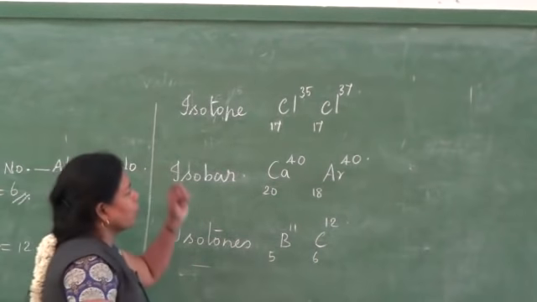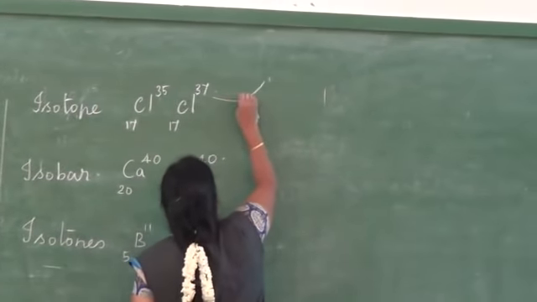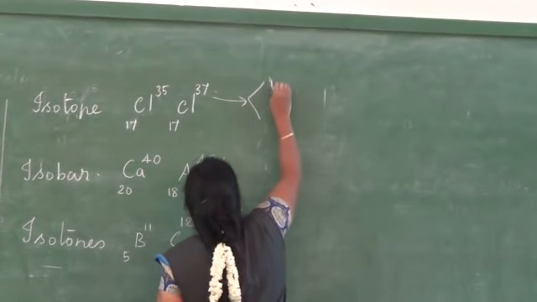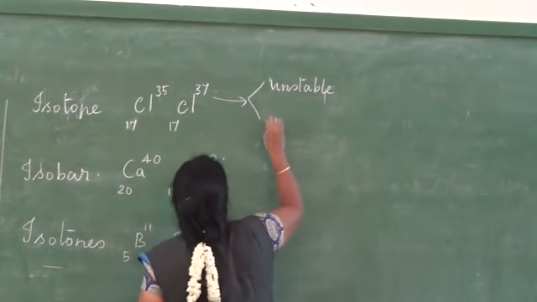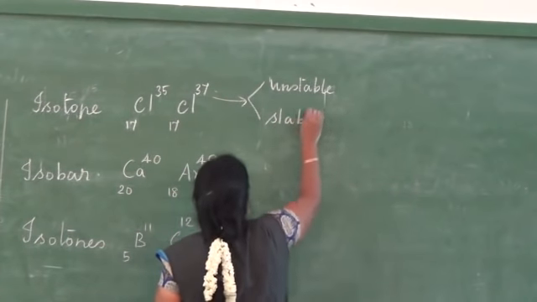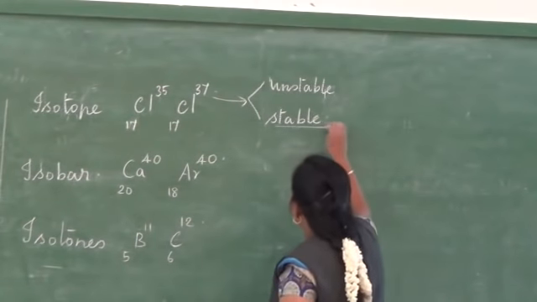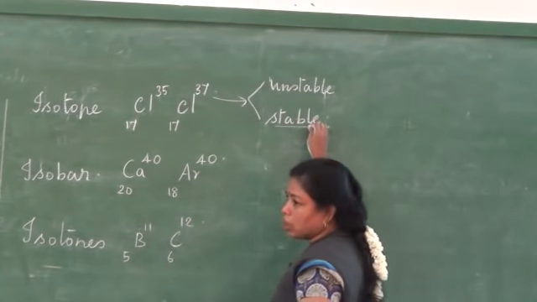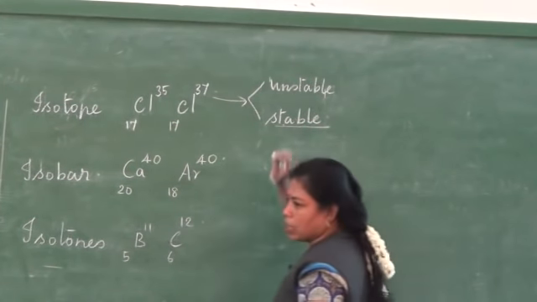And we can classify isotopes into two types. Isotopes are classified into two types. The first one is unstable isotope and then stable isotope. If the number of neutrons is the same as that of protons, that is called a stable isotope.